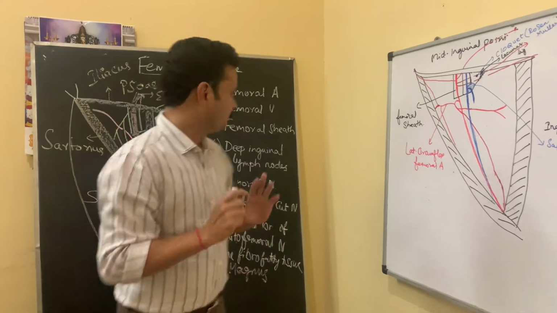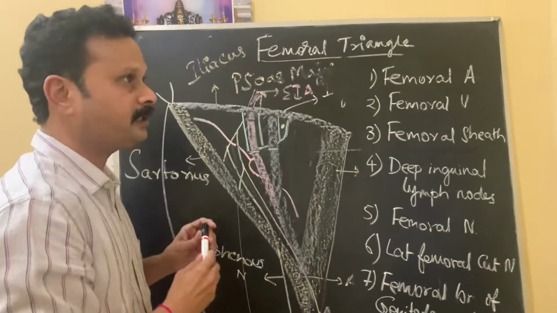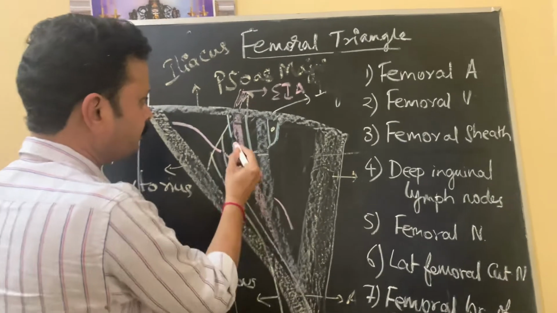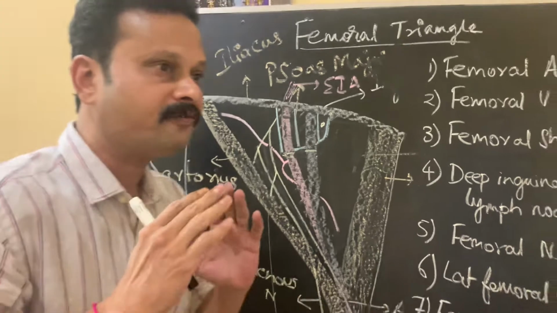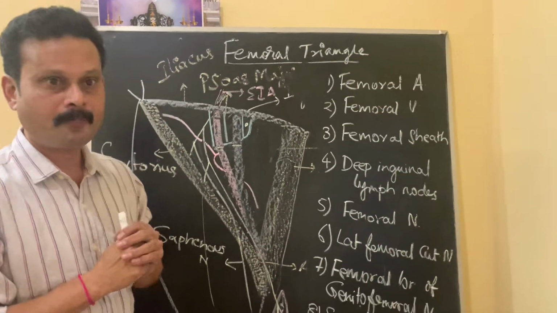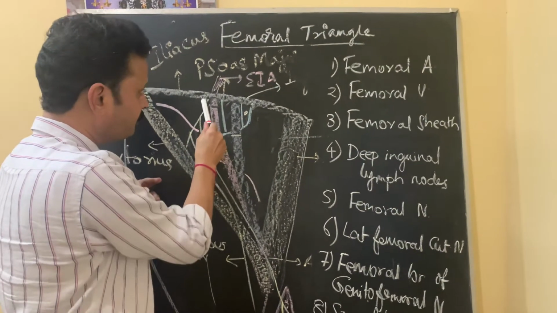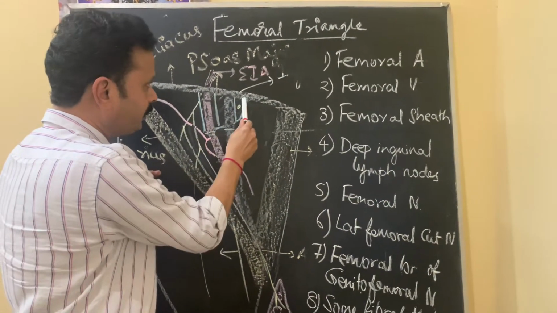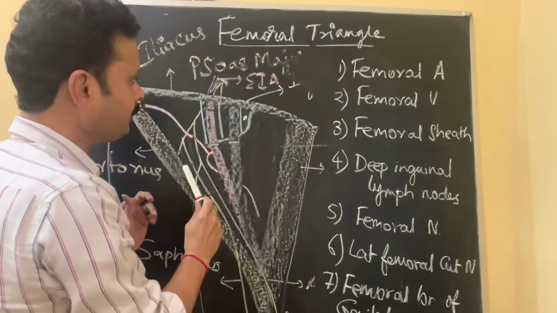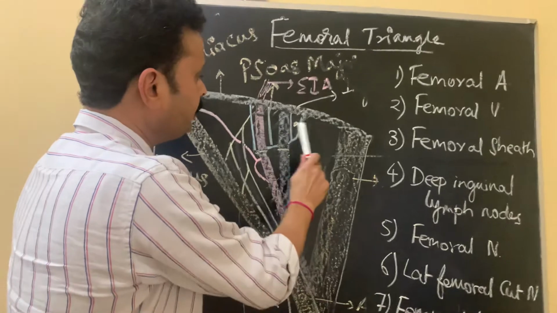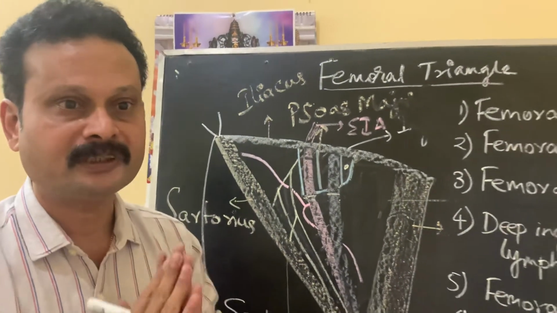Now, what is the shape of the femoral sheath? It is funnel shaped, having a lateral wall which is longer and more vertical, and a medial wall which is shorter and directed downwards and laterally, and it contains the femoral vessels within it.